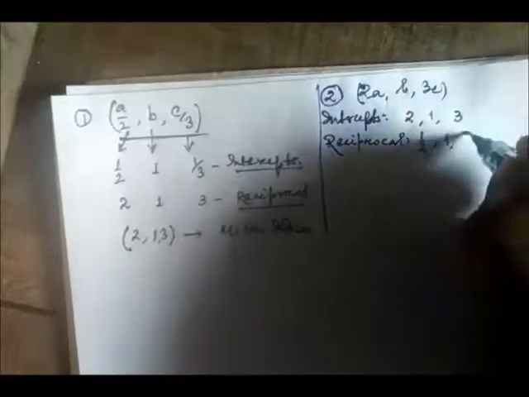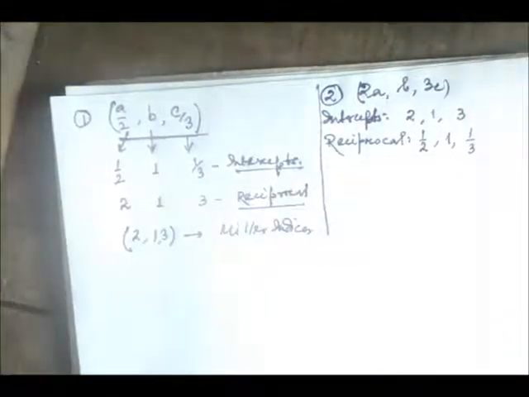Now the intercepts are 2, 1 and 3. Now take the reciprocal value. This will be 1/2, 1, 1/3.